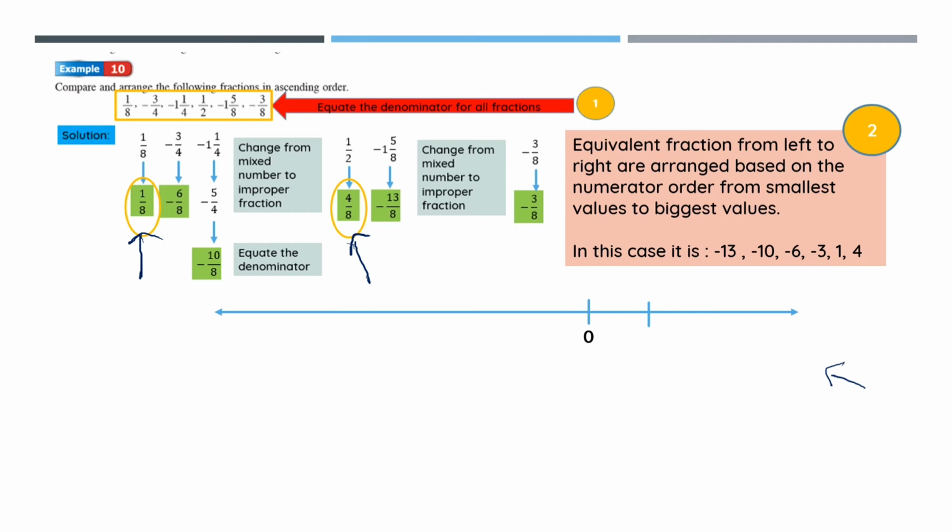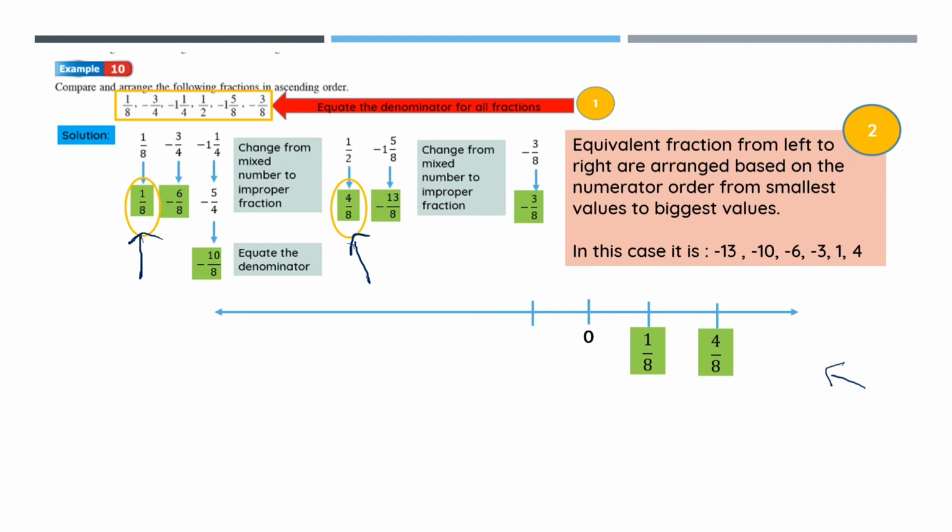Between 1 over 8 and 4 over 8, we need to determine which one is the smaller value and which one is the larger value. Then we put them on the number line. 1 over 8 is smaller than 4 over 8, so 4 over 8 will be farther from 0 on the right side.